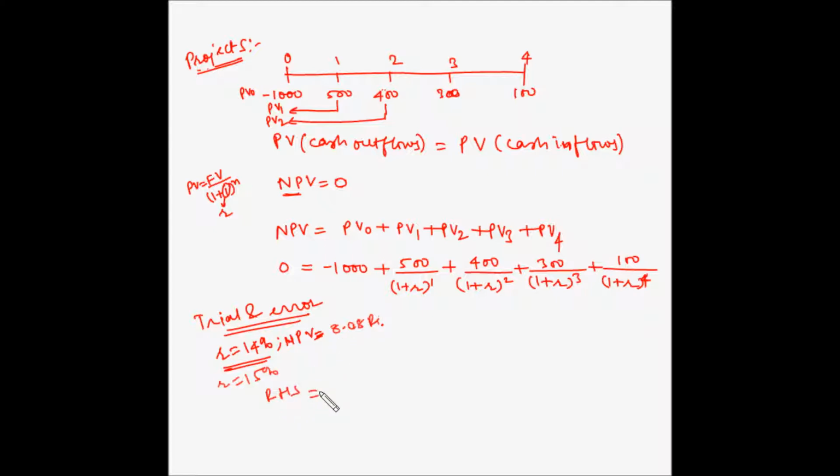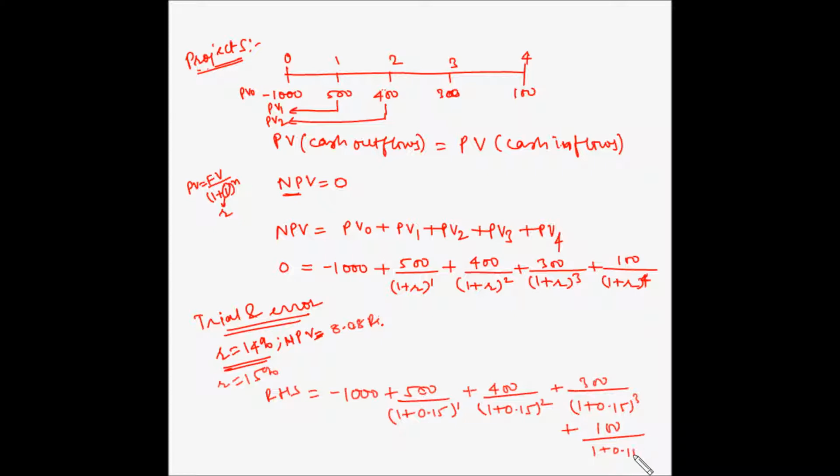So right hand side is equal to minus 1000 plus 500 divided by 1 plus 0.15 to the power 1 plus 400 divided by 1 plus 0.15 square plus 300 divided by 1 plus 0.15 cube plus 100 divided by 1 plus 0.15 to the power 4.